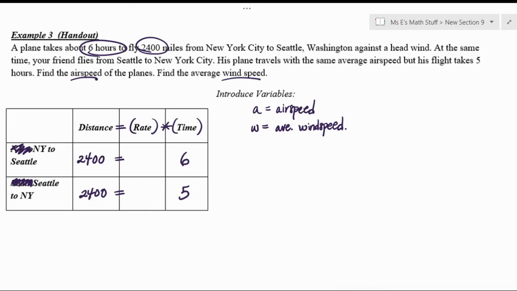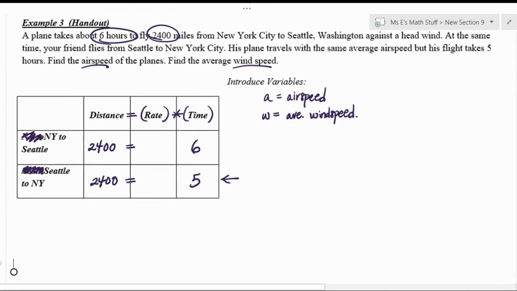So which trip would the wind have been helping the plane along? The wind would have been helping the plane along for the trip that took less time. So the rate the airplane would have been moving at would be a combination of the airspeed, as in how fast the airplane would have been going if there was no wind, plus the wind, which was also making it go faster.